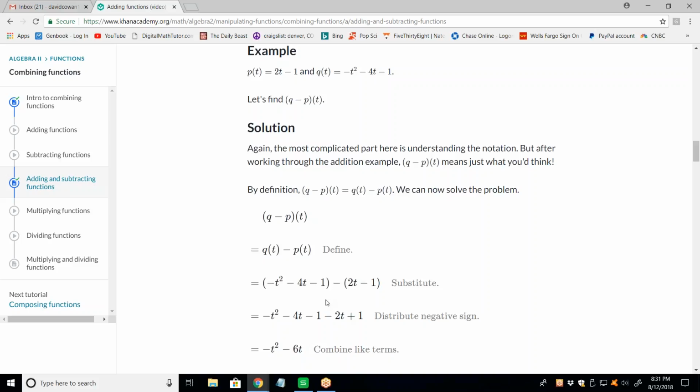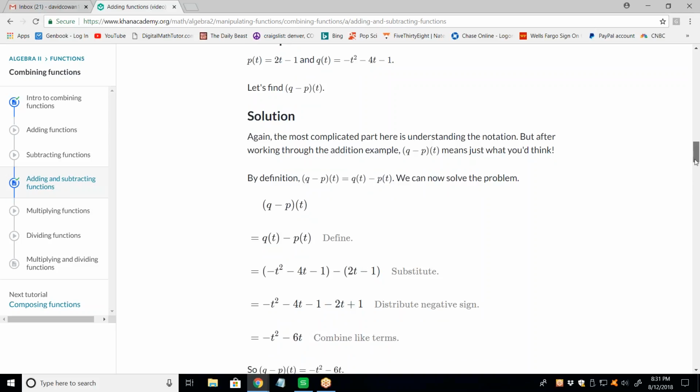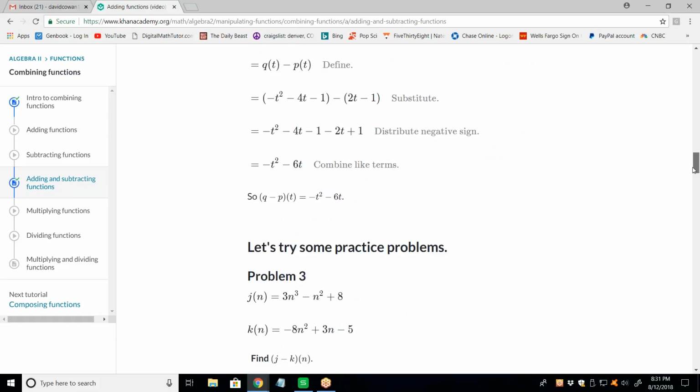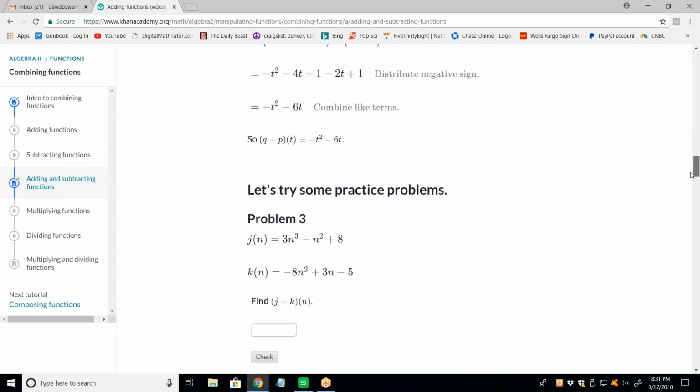So you just remove the first set of parentheses and you get these first three terms. And then the negative sign applies to the 2t. And the negative also applies to the negative 1, making it positive 1. That's where everybody goes wrong. The mistake that everybody makes here is putting a negative 1 there. Okay? So that's the only thing to really remember there.